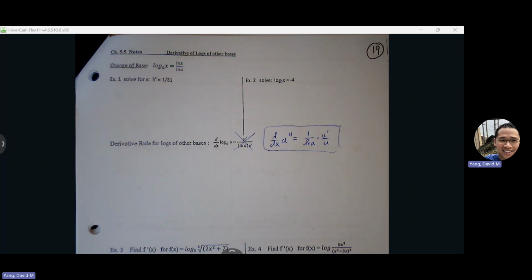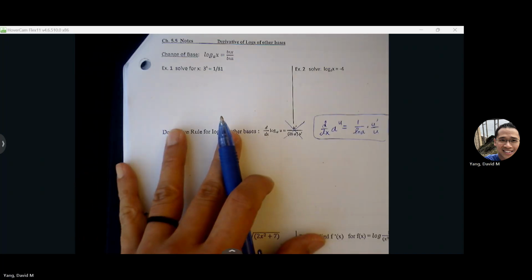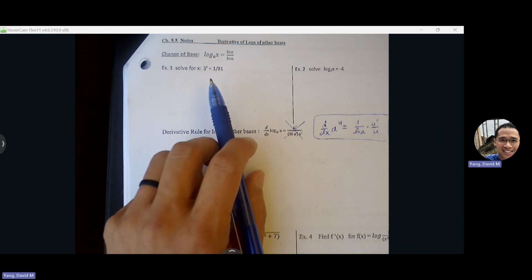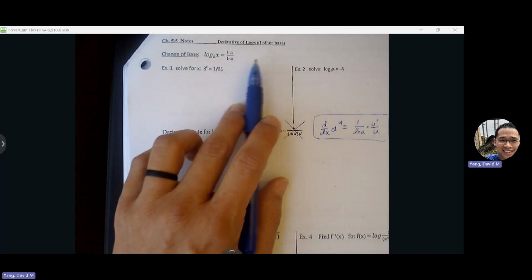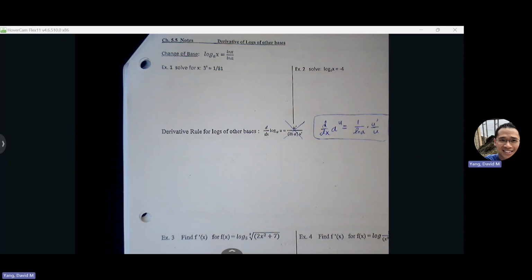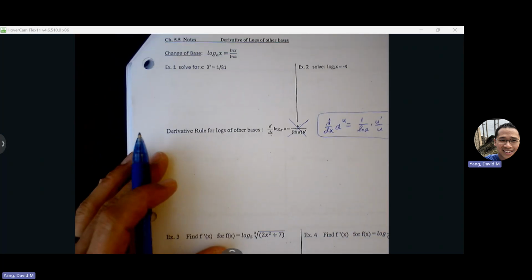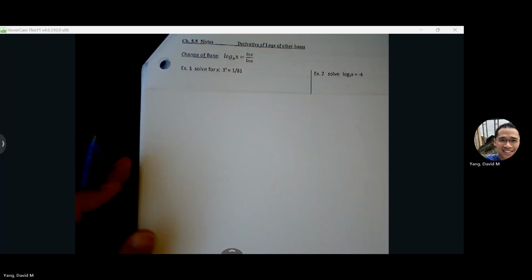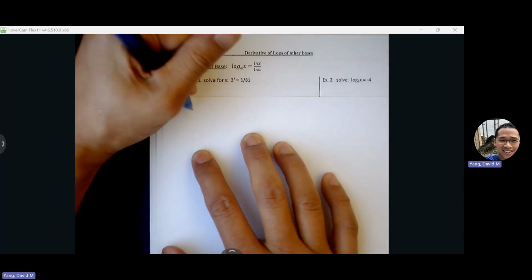Okay, so here's example one. We're going to be exploring logs and exponentials of other bases, but a lot of things will still look similar to each other. So here's example one here.